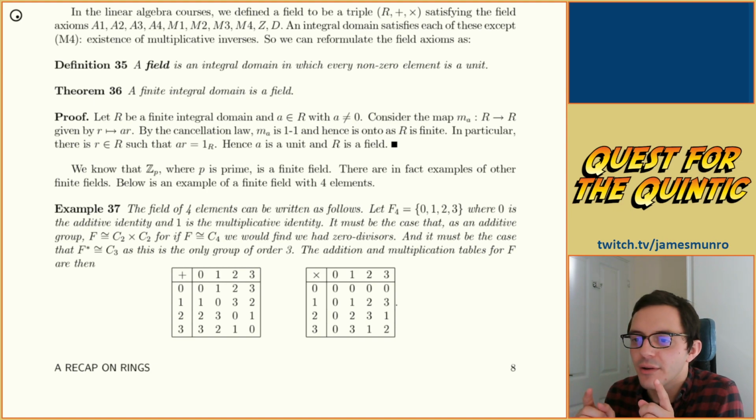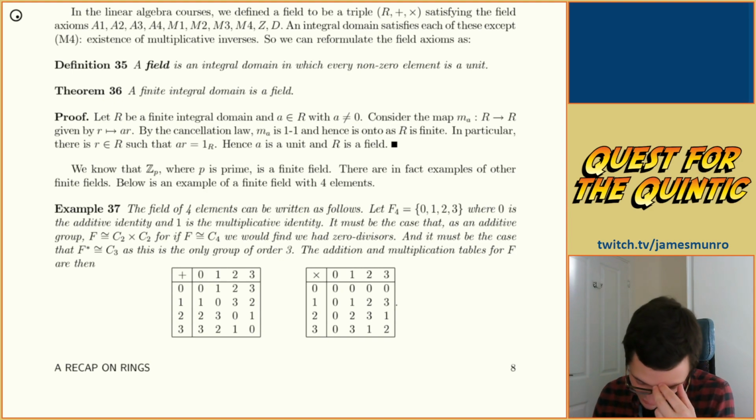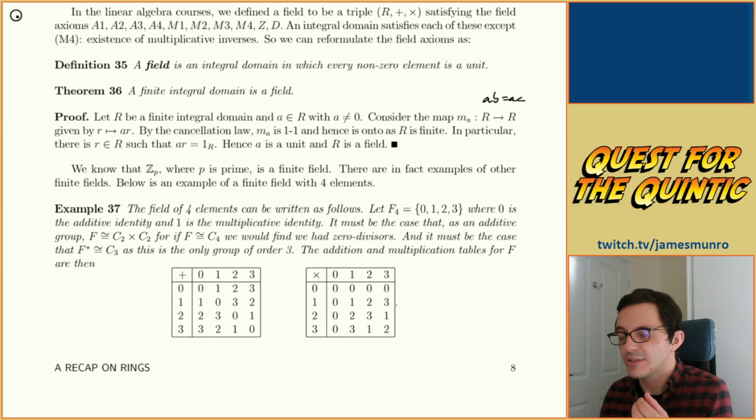Oh, right, no. Cancellation law says that you can never have two things like this. So it says that this is injective. But because R is finite, if you've got an injective map from R to R, it's also surjective. So it's bijective.